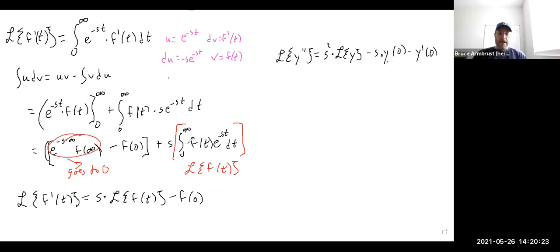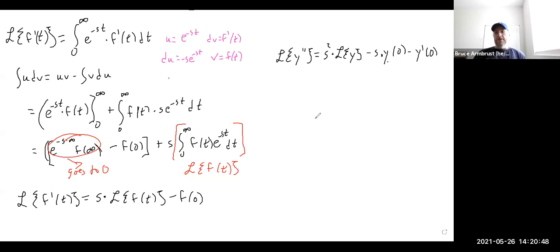Now, this integral is going to give us pretty much what we saw before. So that's going to give us an s times the transform minus f, right? So that's why it's an s squared, and it's s times y of 0.